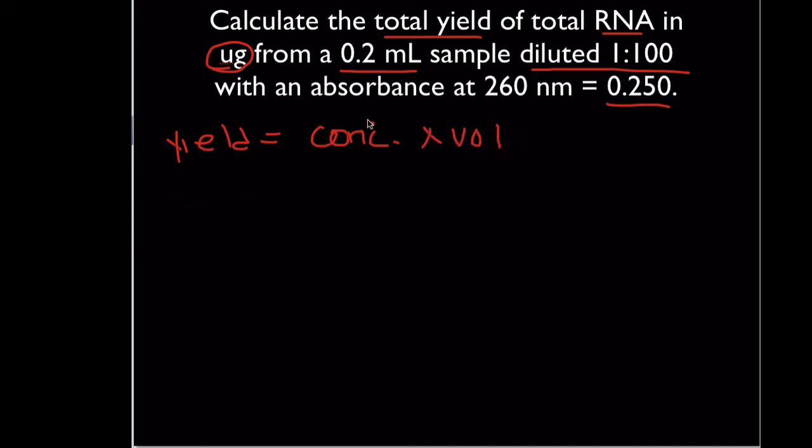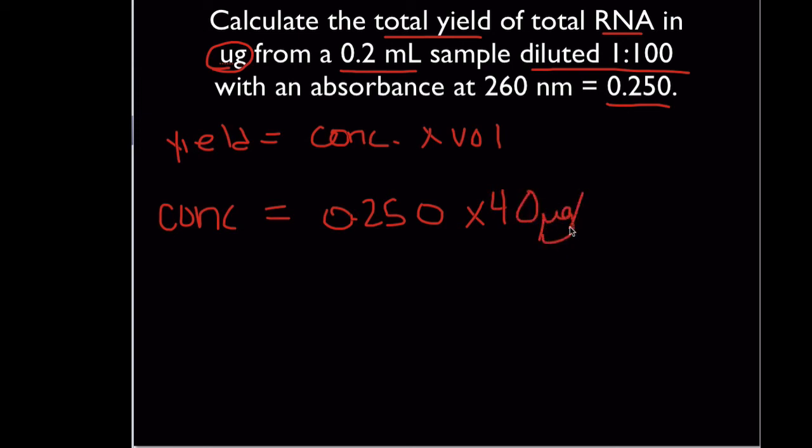Your concentration is the reading at 260, which is 0.250, times your factor for RNA. If you remember, that factor for RNA is 40 micrograms per mil, times your dilution, and your dilution here is 100.